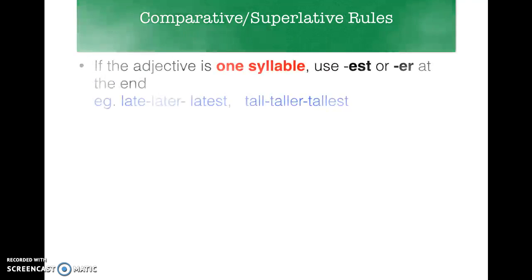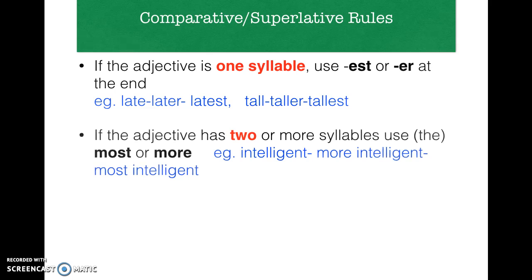Okay, let's just look at some comparative and superlative rules, because there are different word forms associated with these. If it's a one-syllable adjective, we use ER or EST. For example, late, later, latest. Tall, taller, tallest. If it's two or more syllables, we use most or more.